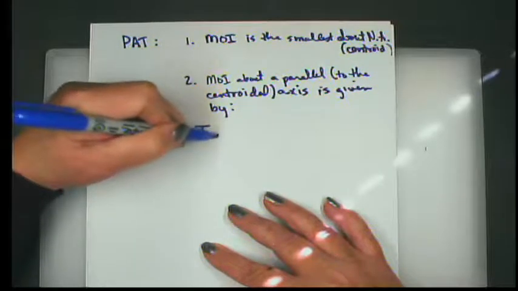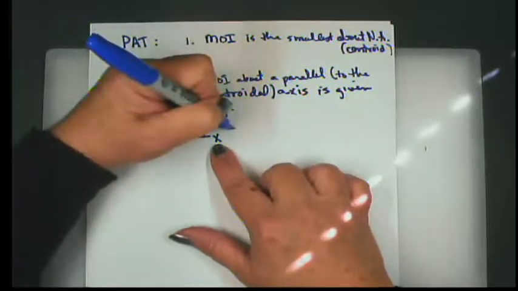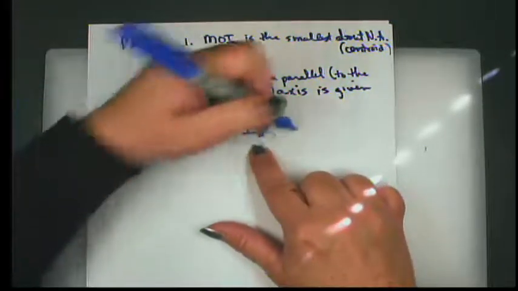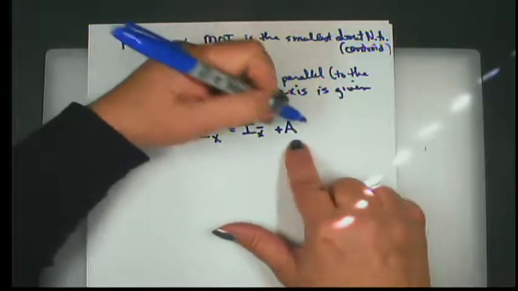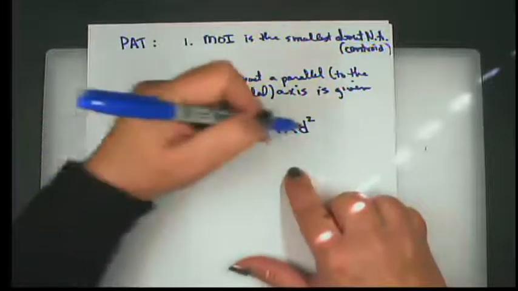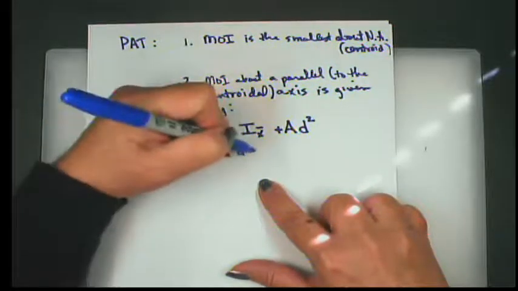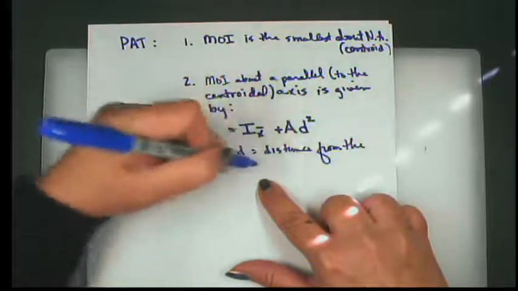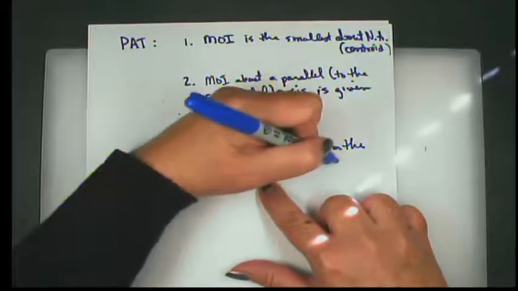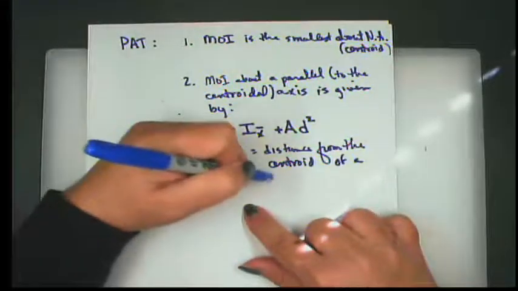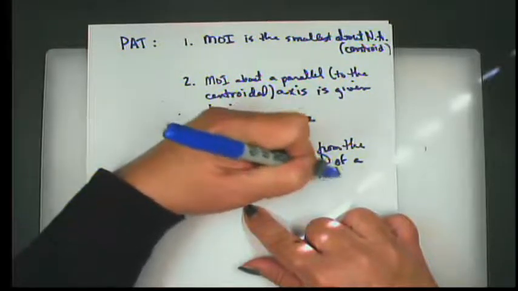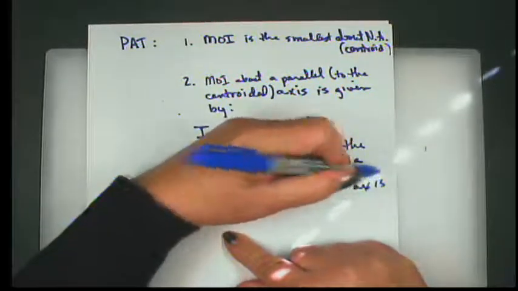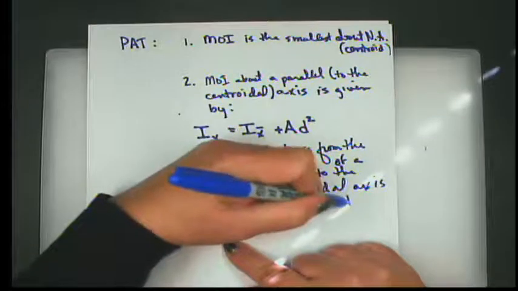The moment of inertia about some random x-axis is equal to the moment of inertia of that shape about its centroidal axis plus the area of the entire shape times d squared, where d is the distance from the centroid of a piece, whatever piece it is, to the centroidal axis of the entire shape. And I will show you what I mean.